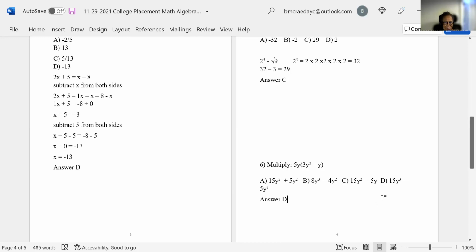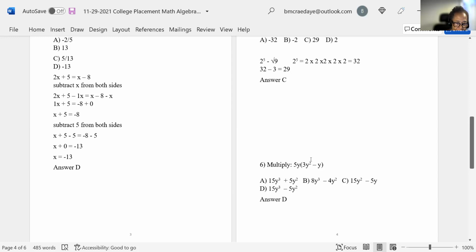Okay, so answer D. All right, let's put that on the line by itself. So you multiply the 5y times everything in the parentheses. Y to the 1, y to the 2, add 1 and 2 is 3. 5 times 3, 15. 15y to the third.